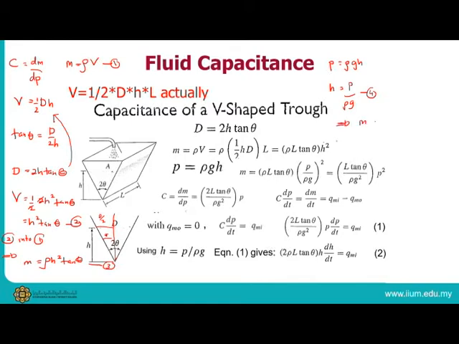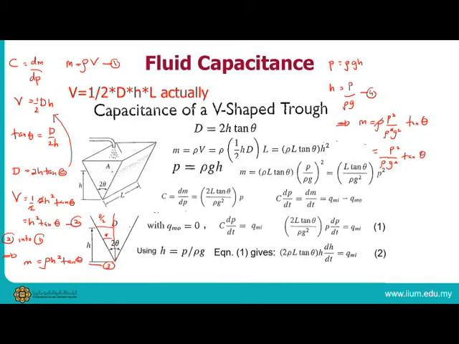m equal to rho P squared over rho squared g squared tangent theta. Right? So rho, you can cancel out this one, and you can get P squared over rho g squared tangent theta.